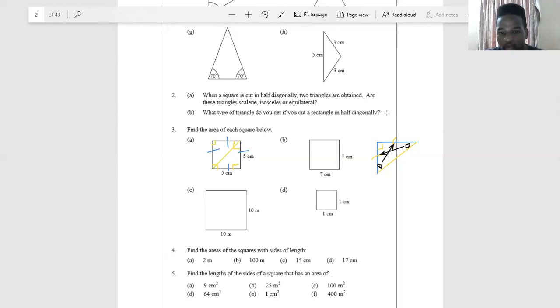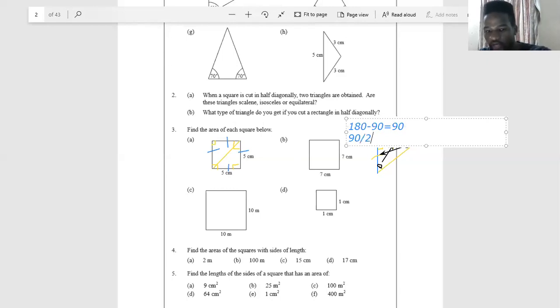Because we know that the sum of angles in a triangle should be 180. So 180 minus 90, because I already have that 90 there, is 90. So I'm left with 90, and I'm left with 2 angles. So I will divide that 90 by 2.